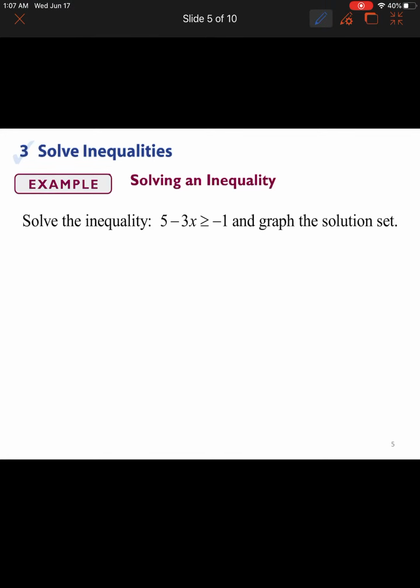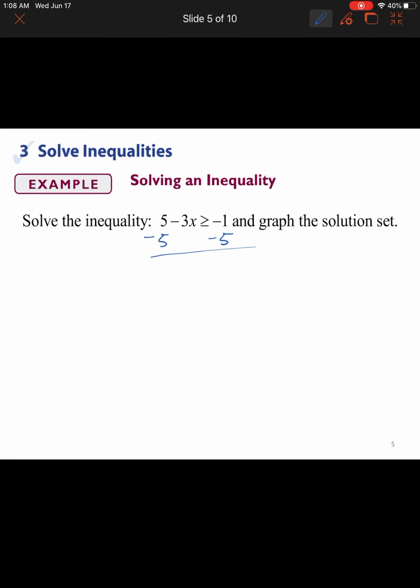Time to solve these inequalities. We've gone through some quick little examples, but you will solve an inequality just like you solve a linear equation or any equation. We start off by isolating the variable. That is the goal. So let's get variables on one side, constants on the other.